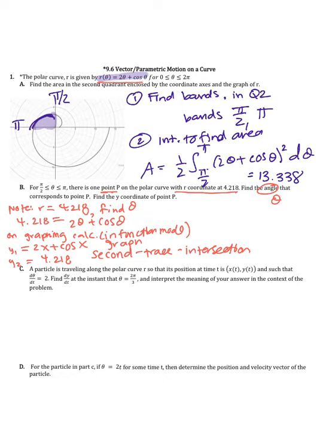It's going to say first curve question mark, and you hit enter. Second curve question mark, and you hit enter again. Then it's going to say guess, because apparently our calculator doesn't know it's pretty exact, so you hit enter again. That's going to give you an x value and a y value. So you're hitting enter 3 times after you hit second trace intersection.